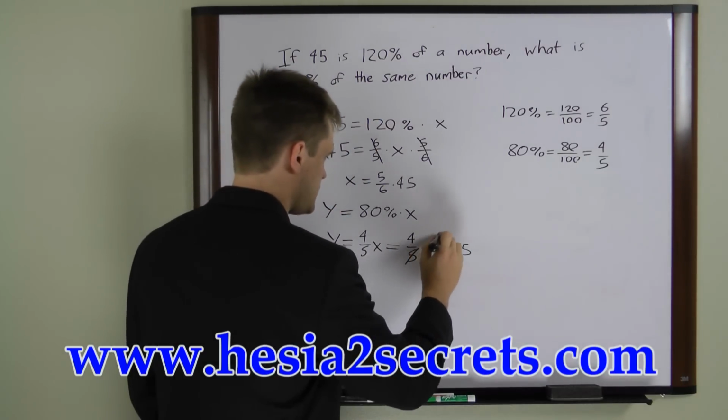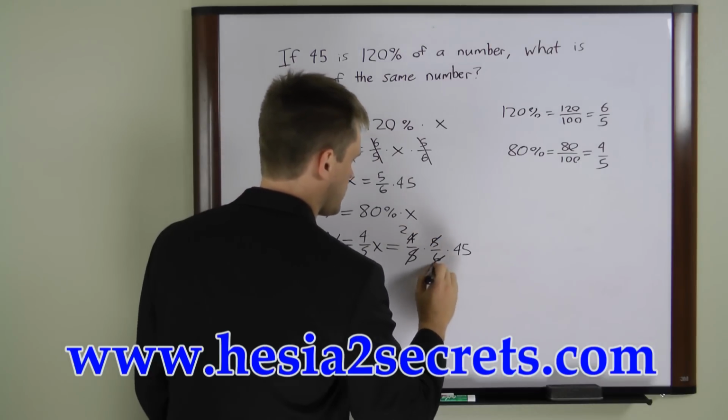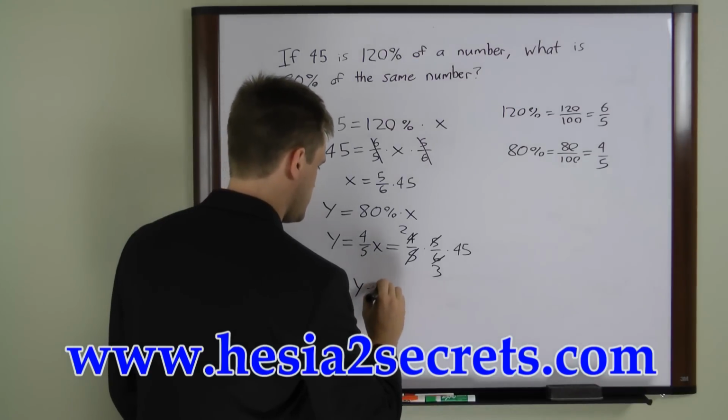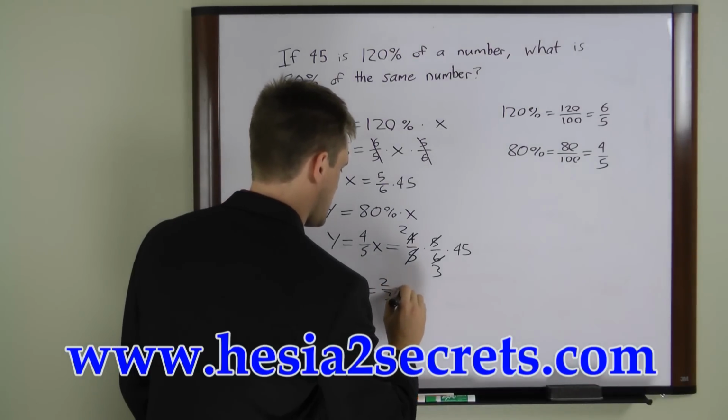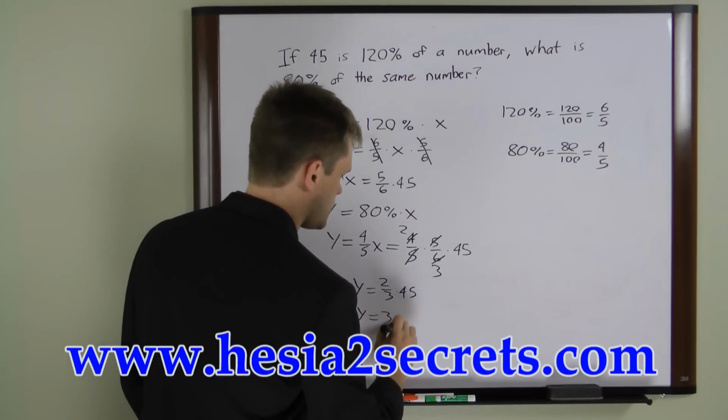Now we can cancel out these 5's, and the 4 over 6 is the same as 2 over 3, so we can rewrite this as y equals 2/3 times 45, which is the same as y equals 30.